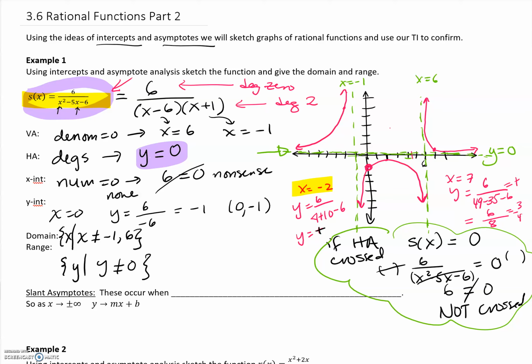Now let's talk about slant asymptotes. These guys occur when the degree of the numerator is greater than the denominator, but only by 1. So when the degree of the numerator is only 1 higher than the denominator, that's when you're going to get a slant asymptote. In other words, not a vertical line like the 6 and the -1 that we got in the previous example, but a line that's slanted.